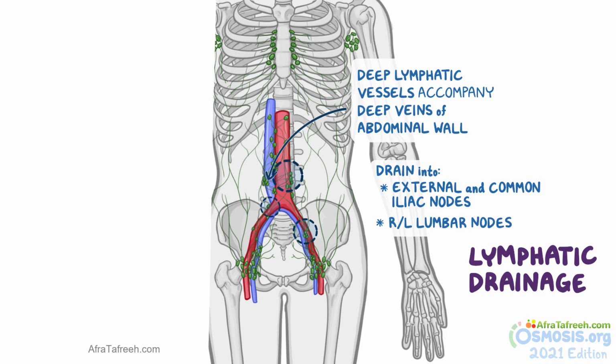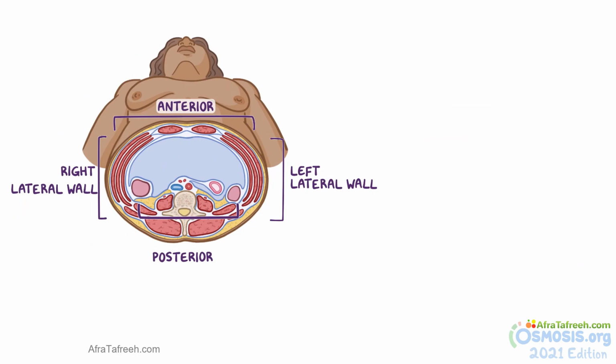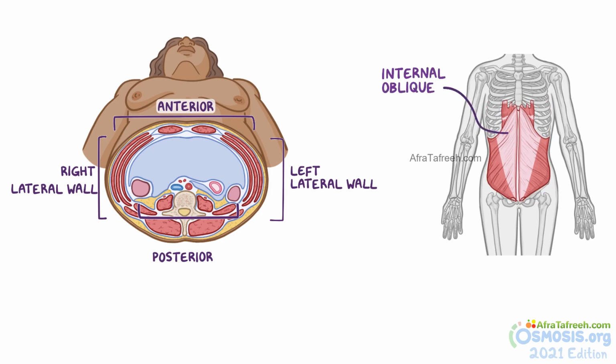Alright, as a quick recap, the anterolateral abdominal wall is the area between the thoracic wall and pelvis and is composed of multiple layers of muscles and fascia. The flat abdominal muscles include the external oblique, internal oblique, and transversus abdominis.